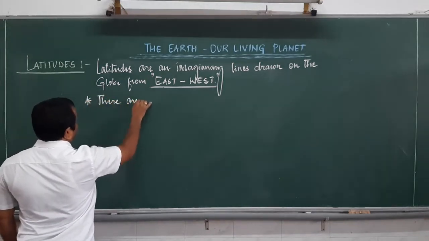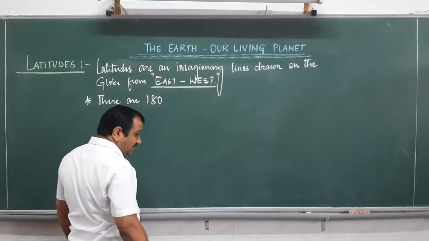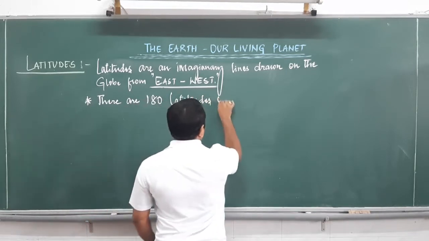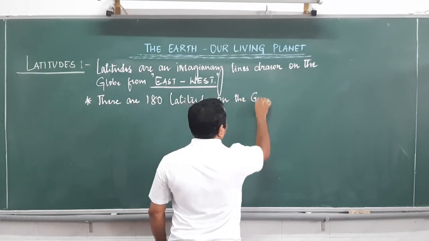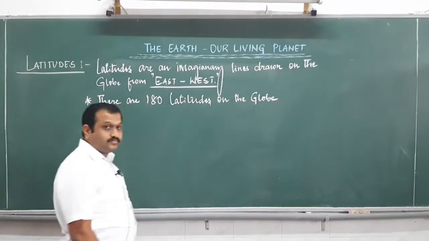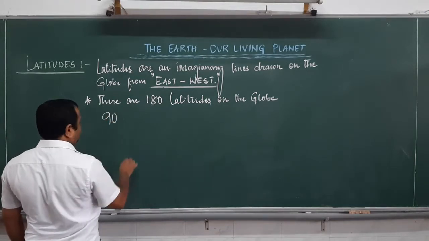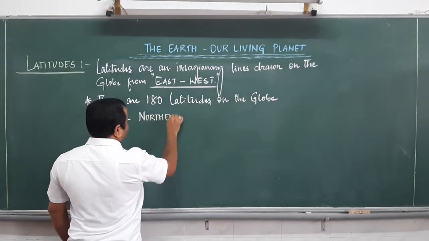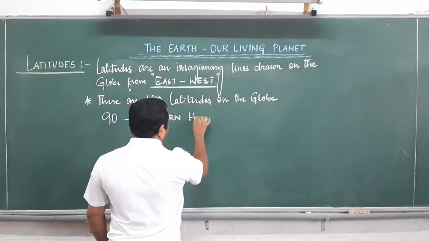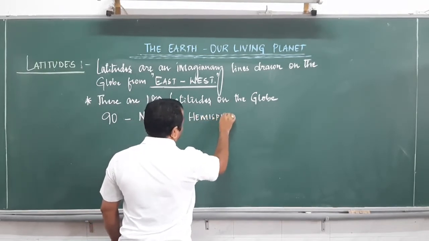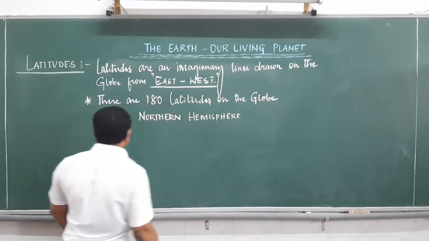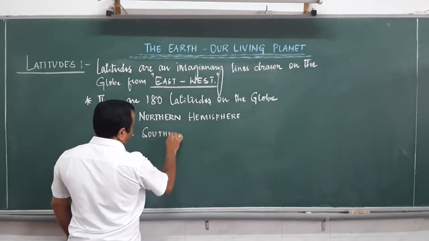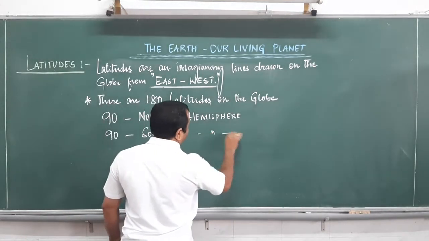There are 180 latitudes on the globe. 90 latitudes in the northern hemisphere and another 90 in the southern hemisphere.